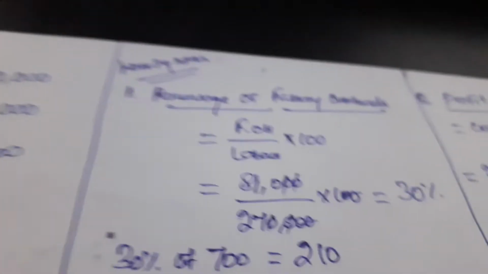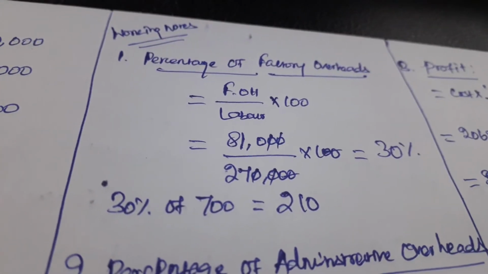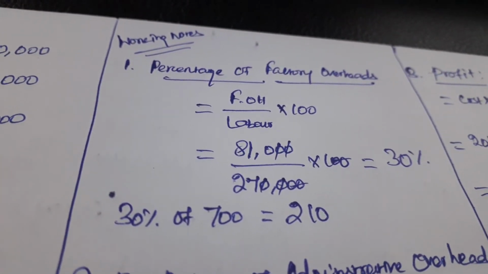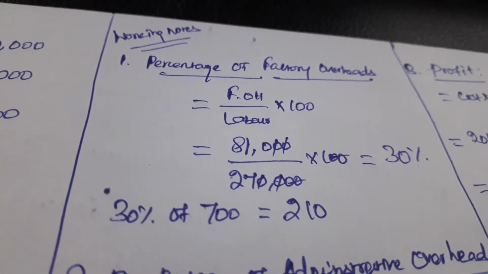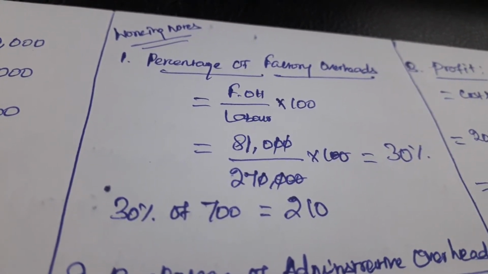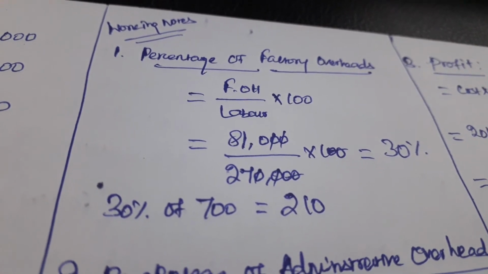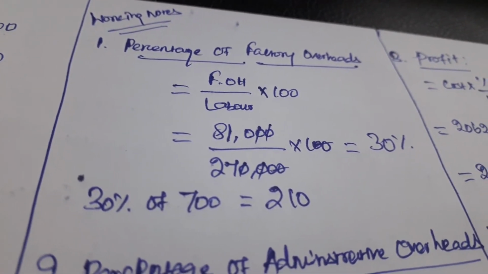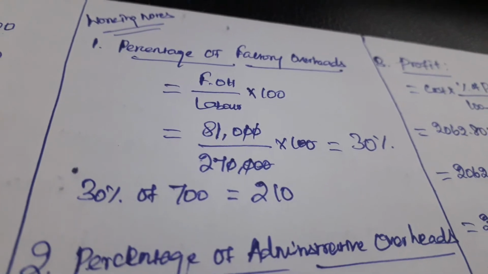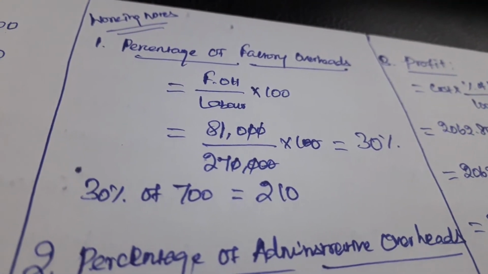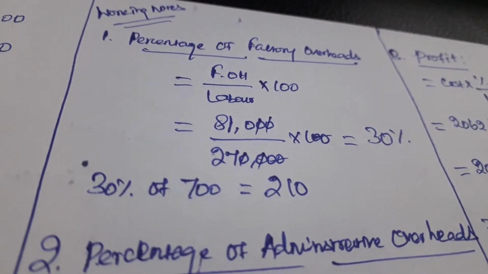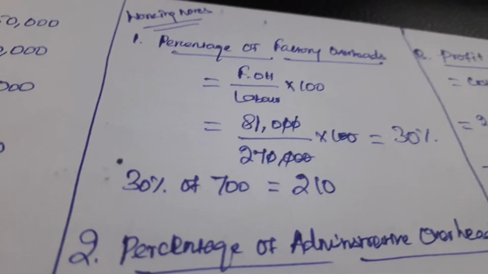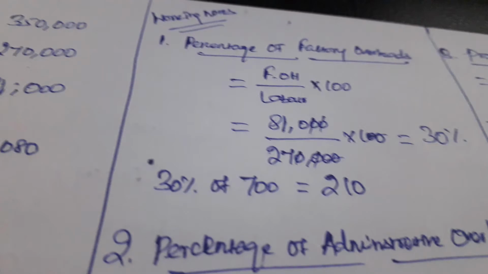Here is the working note for the calculation of factory overheads. Factory overheads are always based on labor charges. 81,000 and 2,70,000 we have taken from the cost sheet. If we multiply by 100, we get 30%. 30% of what? 30% of labor charges.